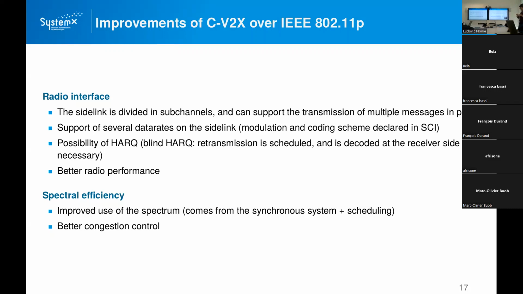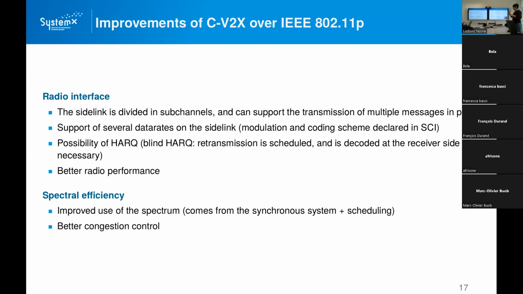You can support several data rates on the sidelink, the part that is broadcast, because in the sidelink control information, you are declaring what modulation and coding scheme you are going to use. So this gives you one more parameter to optimize for avoiding, for example, channel congestion.